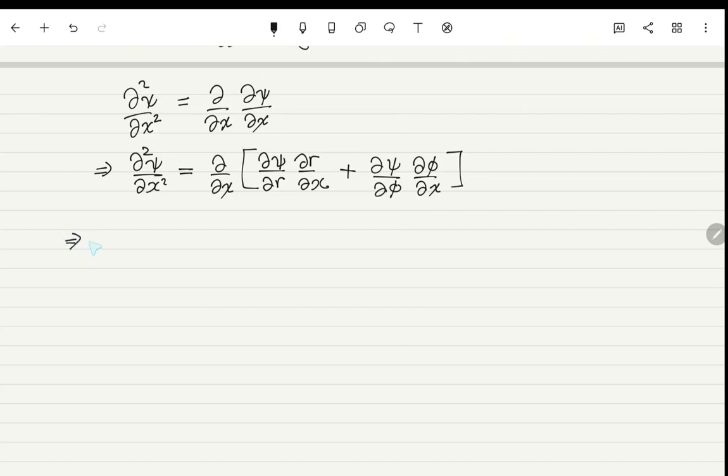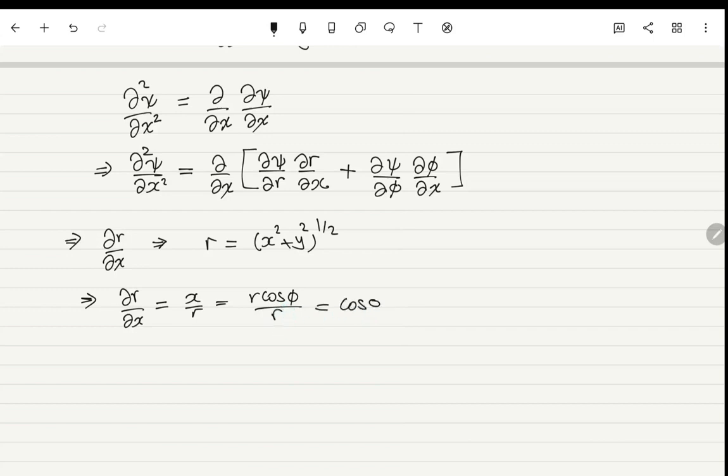Now to find partial r by partial x, using the relation r equal to x square plus y square to the power half, therefore partial r partial x equal to x over r, or r cosine phi by r, which is equal to cosine phi.